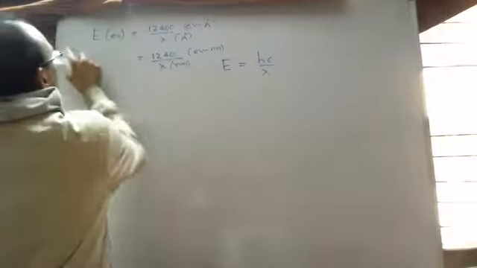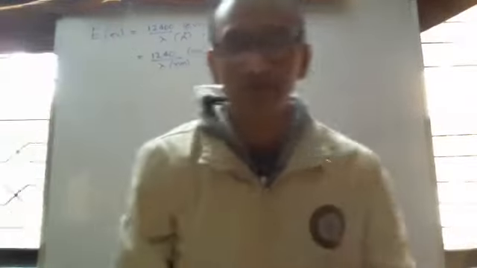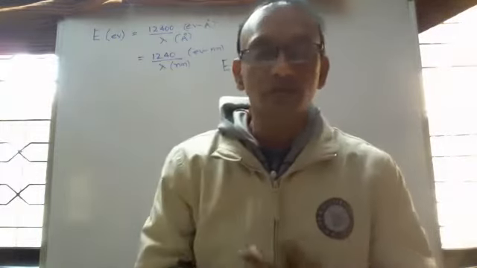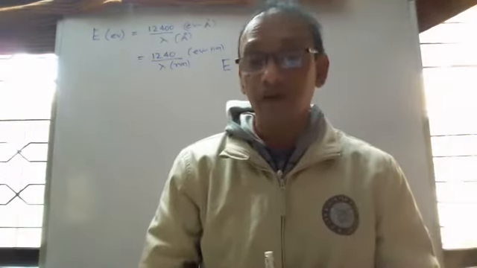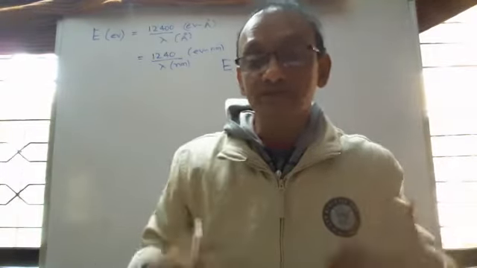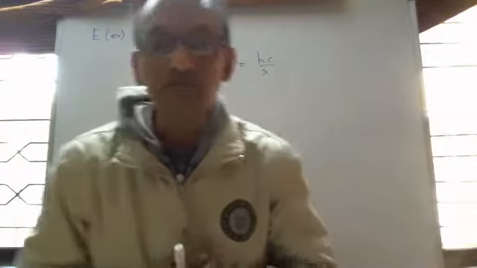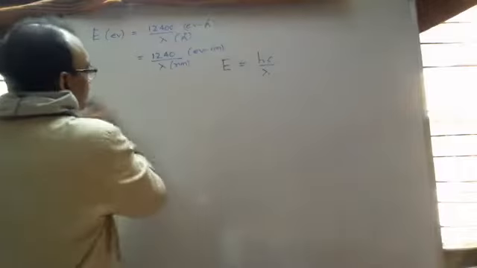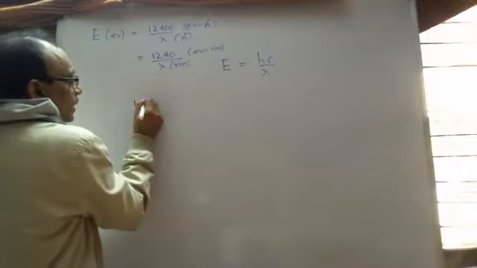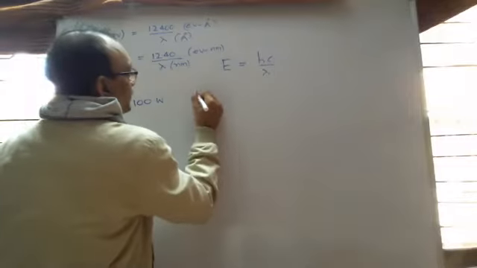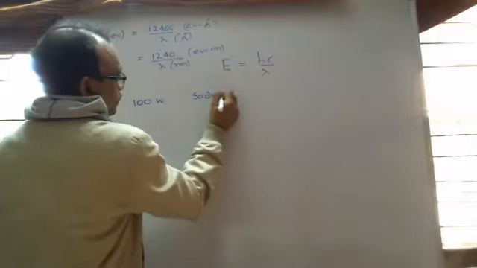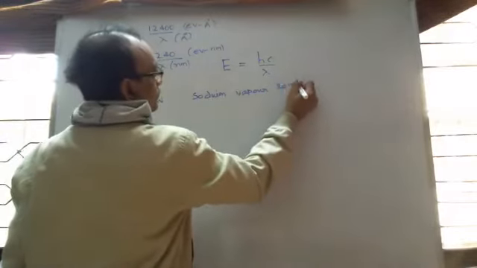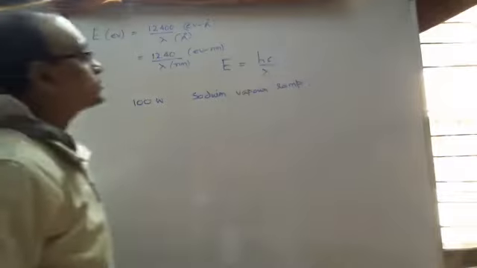जैसे typically, how do you compute the number of photons in a certain amount of light or electromagnetic wave? How does one compute number of photons? So suppose I have a 100-watt sodium vapor lamp.